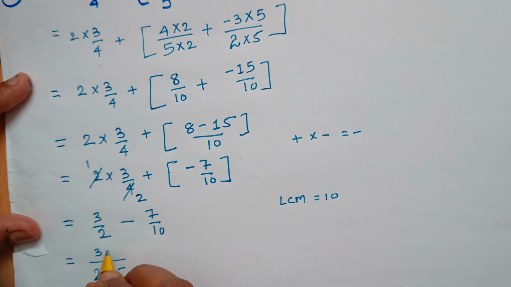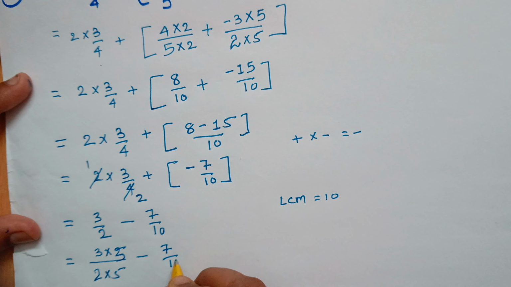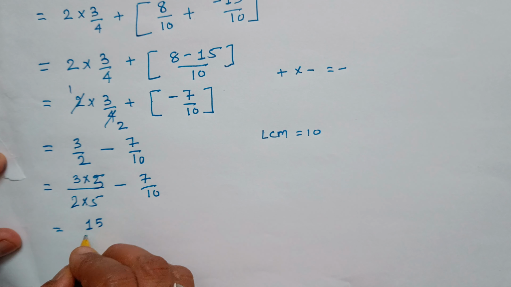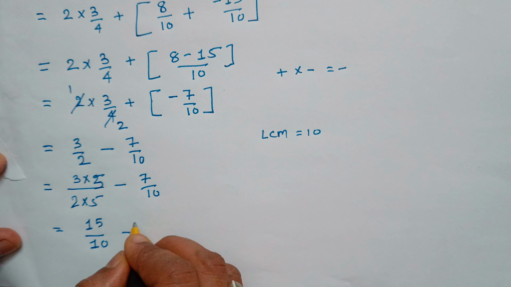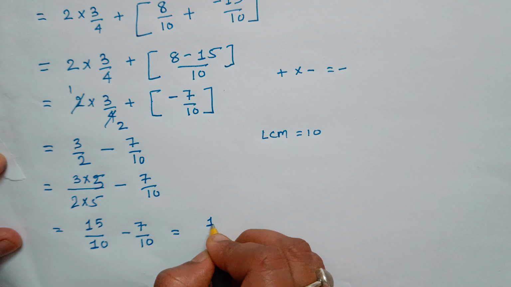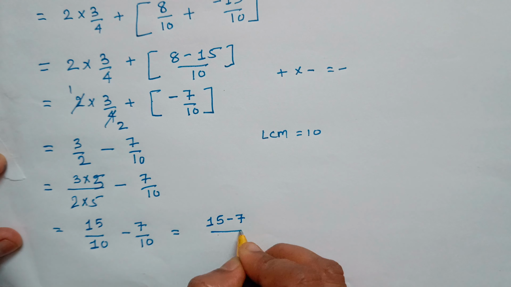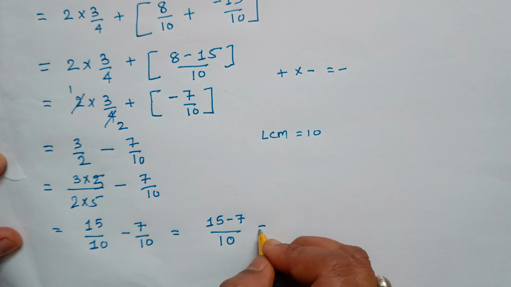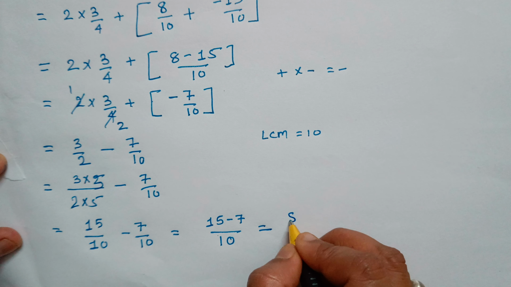So in the numerator 3 multiplied by 5, minus 7 by 10, is equal to 15 by 10 minus 7 by 10, is equal to 15 minus 7 divided by 10, is equal to 8 by 10.